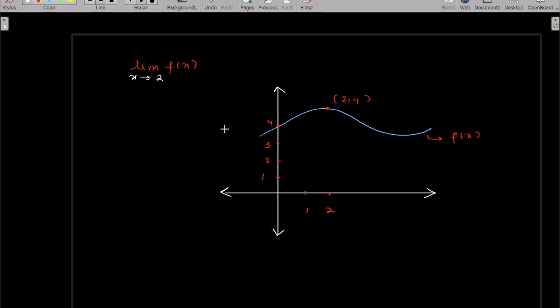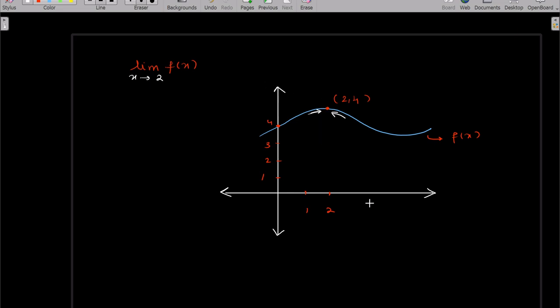Now whenever we have to find out the limit, Anika, we will approach the function from both the left hand side and the right hand side. And if we get the same value of the limit from coming from the left hand side and from coming from the right hand side, only then we can say that the limit of the function exists.